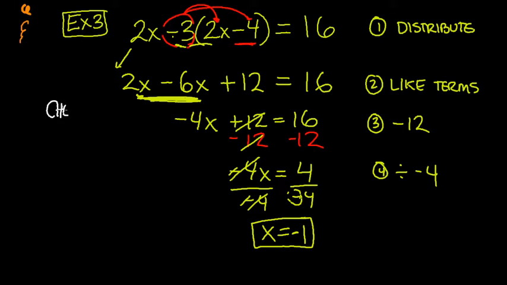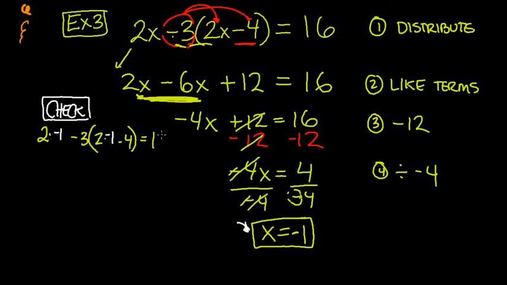If we wanted to check, if I put this answer, negative 1, into the equation, I should get the correct answer. So let's try that. It starts with 2 times negative 1, and then it's minus 3 times 2 times negative 1 again, minus 4.